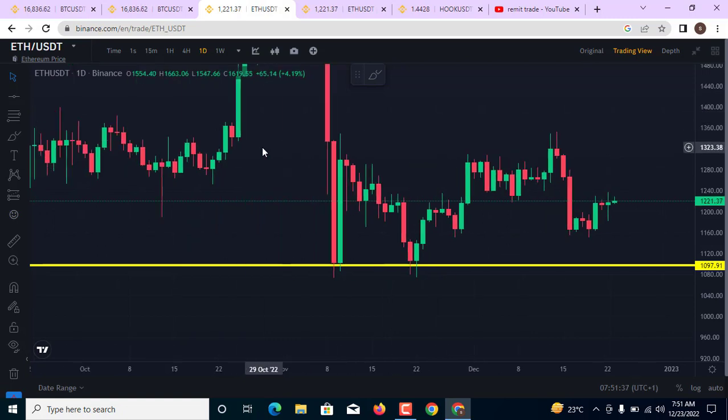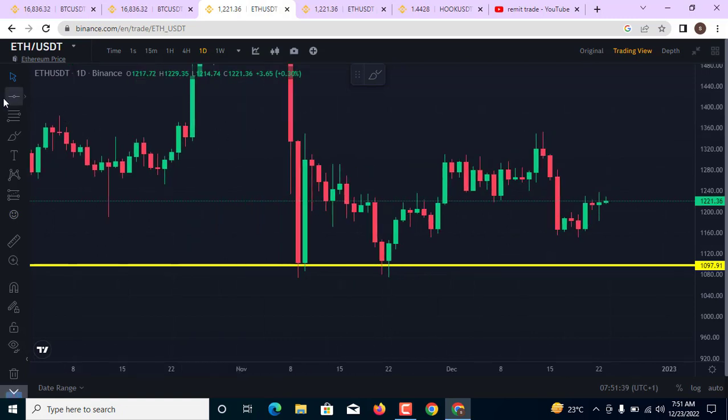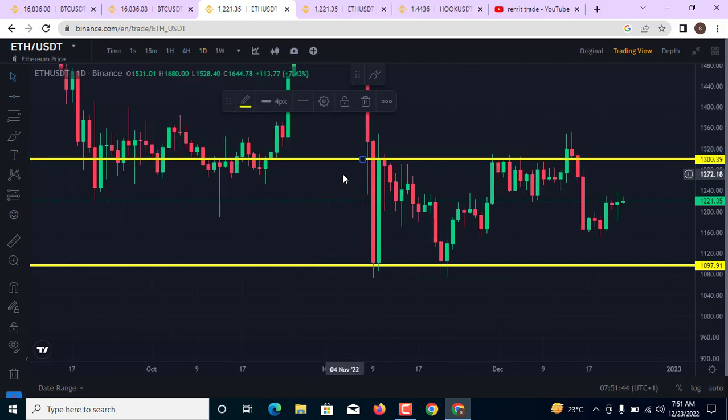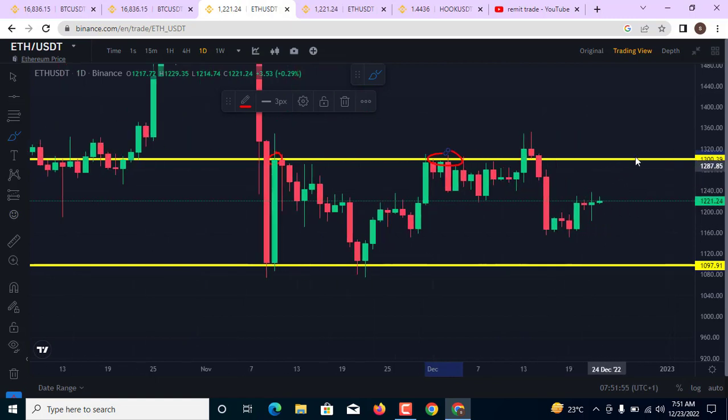And one important level you have to pay attention to as well is this very level of resistance. If you look at it, from this area of resistance we see a spike to the upside and the market come back down. That means the market has capacity to be resisted at this point again in the future.